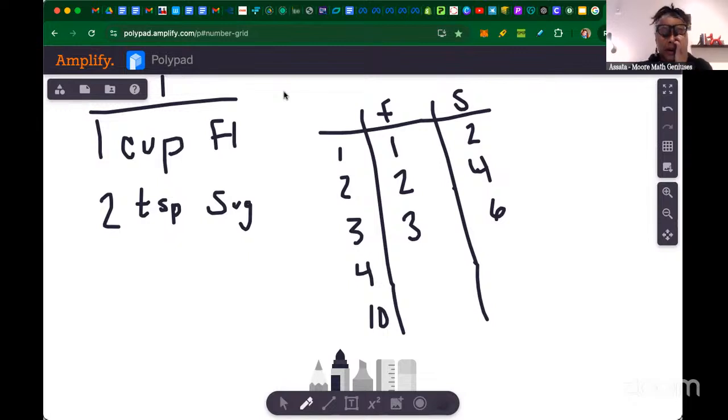Check that one. You said 4, 6. You said 4 cups of flour, 6 teaspoons. Check that one. There you go. Okay. So then we have 4, 8. Now the last one, 10. How much flour? How much sugar?